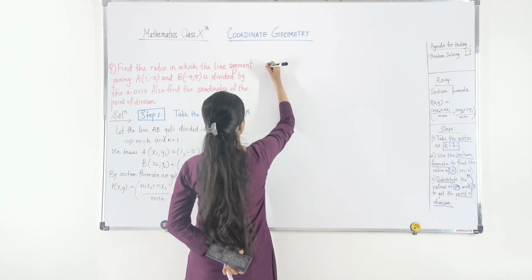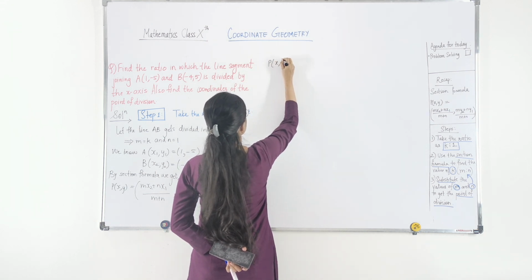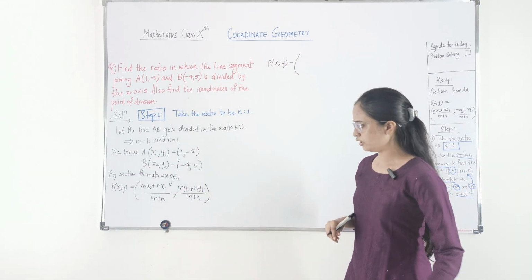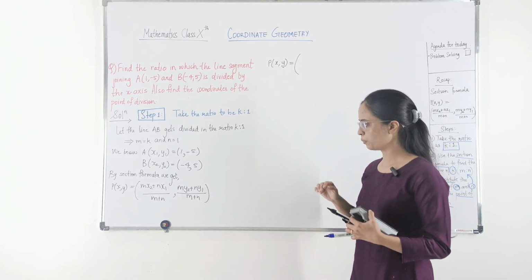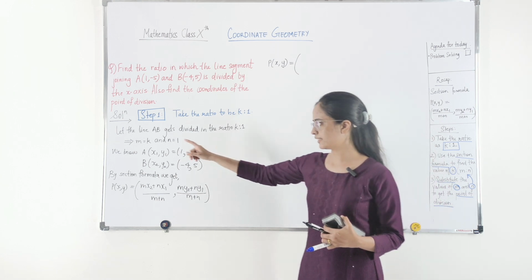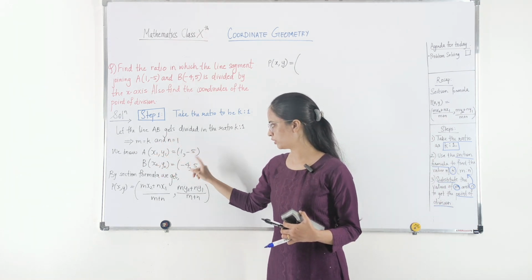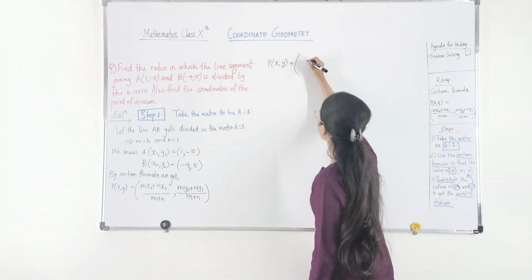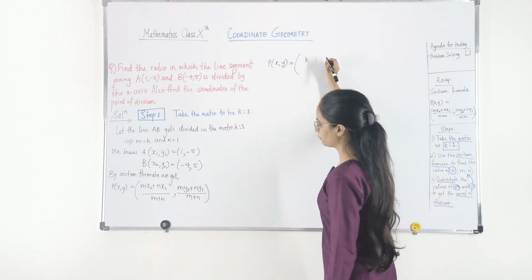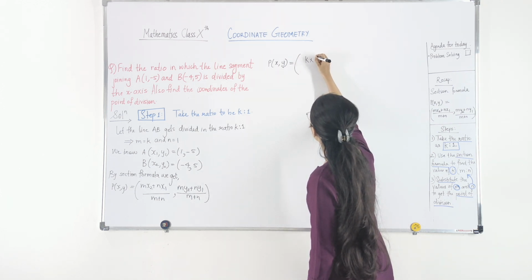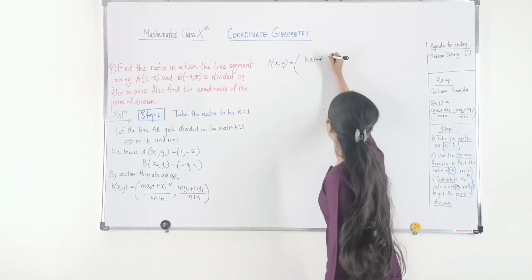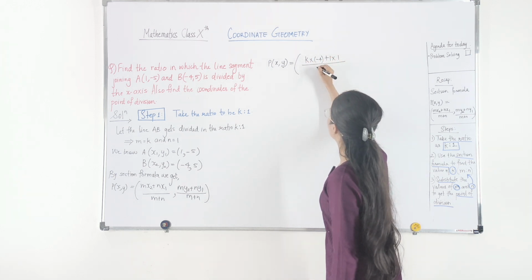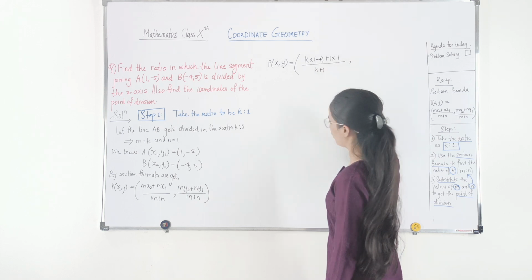So P of x y now would be equal to, we are going to substitute the values for m, n, x1 and x2, y1 and y2. So m in this case is k, n is 1, x1 is 1, x2 is minus 4, y1 is minus 5, y2 is 5. So let's substitute it. m is k, x2 is minus 4, plus n is 1 and x1 is 1, upon k plus 1.